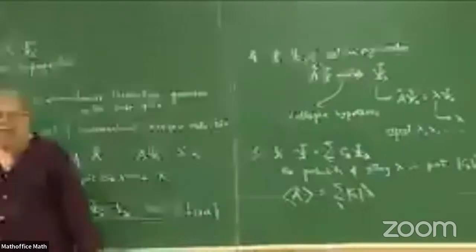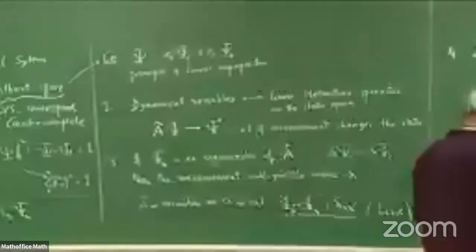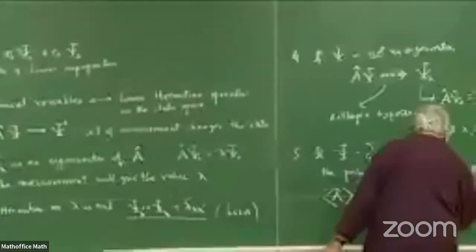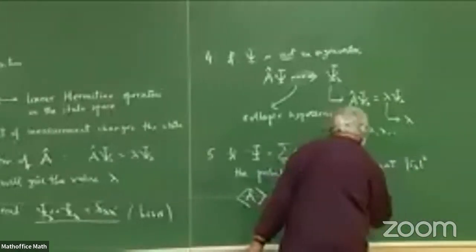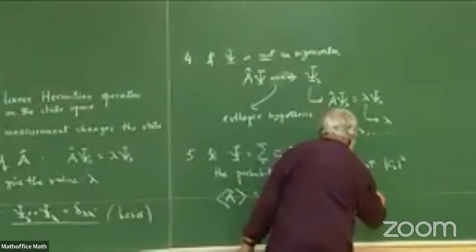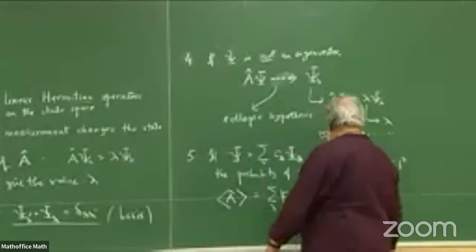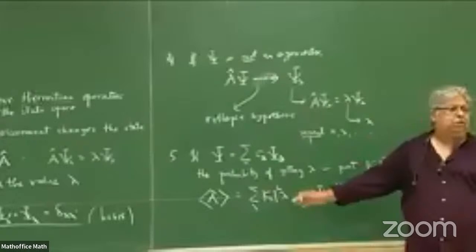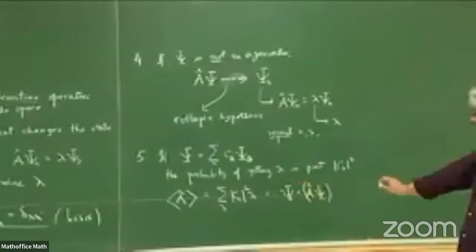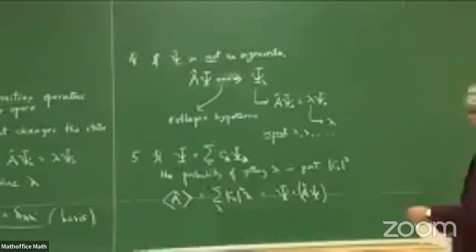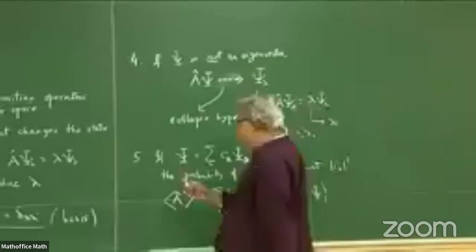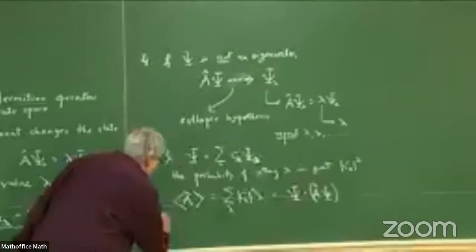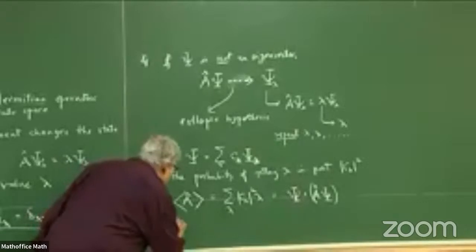You assume that. And this you can show is the inner product of psi with A psi. You just expand both the psi, make this expansion, and use the orthonormality of the lambdas. It comes out that way. So this result, this average value, is called the expectation value.